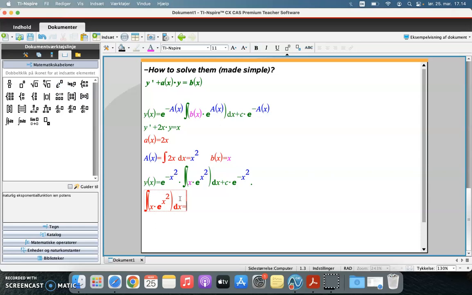So how to solve this one? Here we need to use the substitution method. So we have x multiplied by e to the power of u, and I'm going to say that u is equal to x squared.